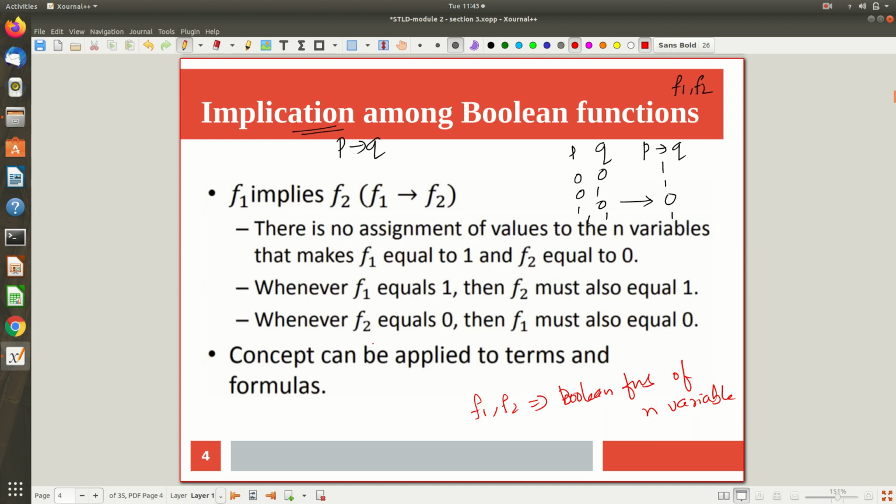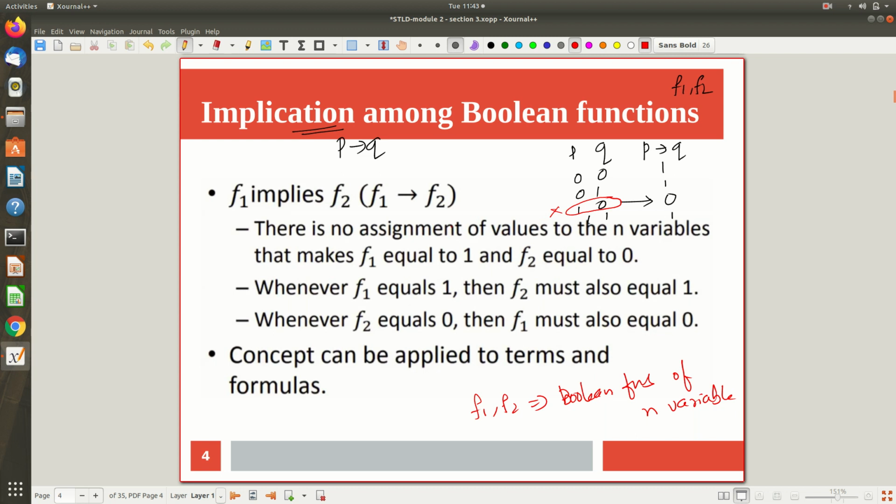And the requirement is that there should not be a case with F1 equal to 1 and F2 equal to 0. If this is the case, definitely P implies Q is not holding. So F1 implies F2 is true only when this particular case is not happening. Then only I can say that F1 implies F2.